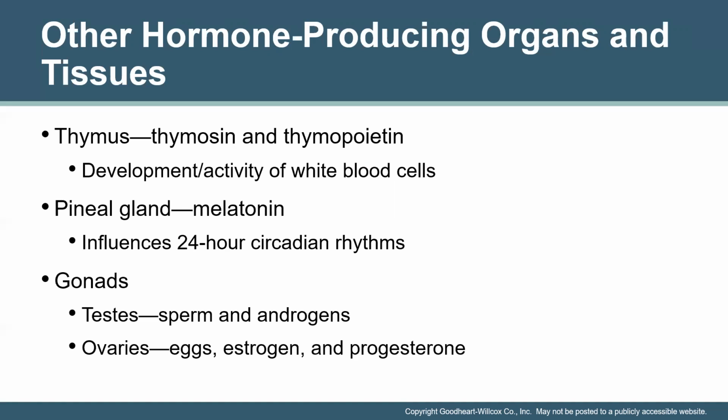The pineal gland, I think this is a really cool gland. It sits kind of in the back of your brain, kind of. If you remember from the neurology section, it's responsible for the production of melatonin, which means that it's responsible for your circadian rhythms.